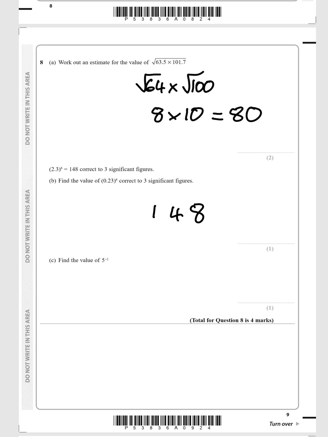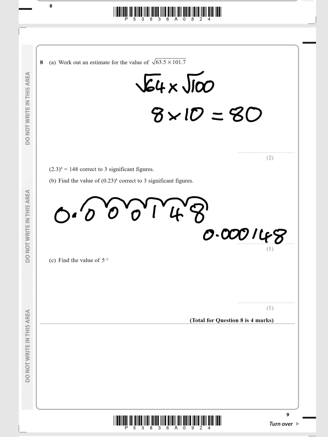So we need to divide this by 10 6 times. 1, 2, 3, 4, 5, 6. So actually, the answer is 0.0000148, because this is 10 times smaller, so it's multiplied by itself 6 times, so therefore we have to divide this by 10 6 times basically.